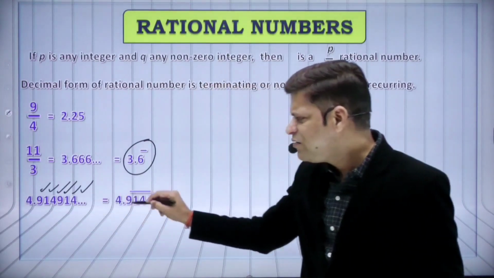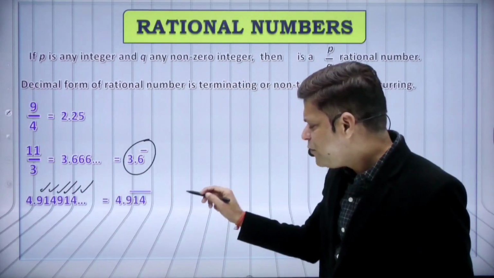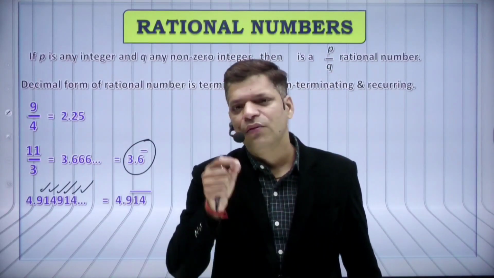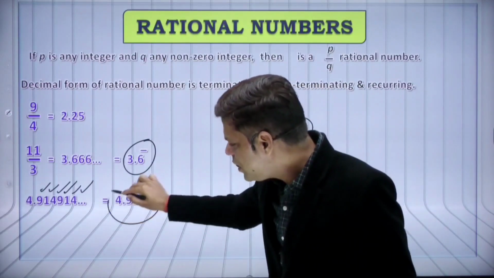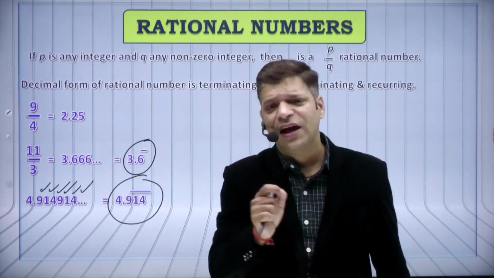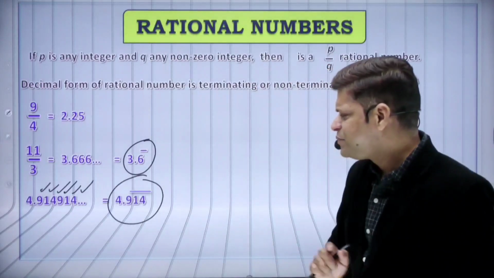So this series of numbers is going to repeat up to infinity. After the decimal, 3 numbers repeat, 914, so that's why we apply the bar on 914. This bar indicates that 914 is going to repeat up to infinity, right?